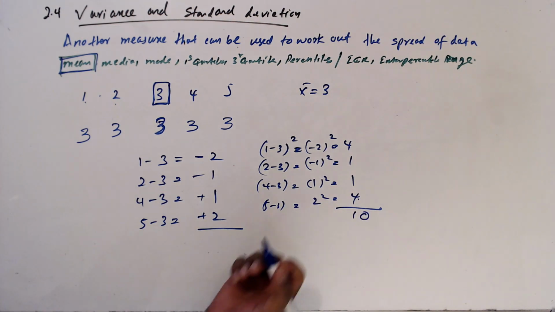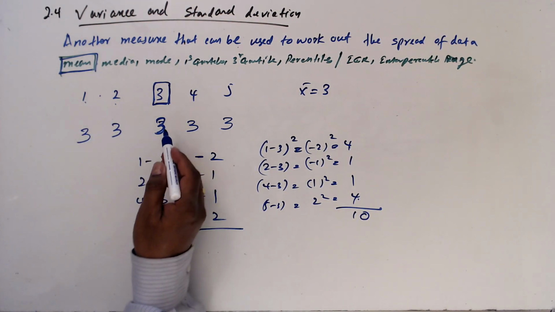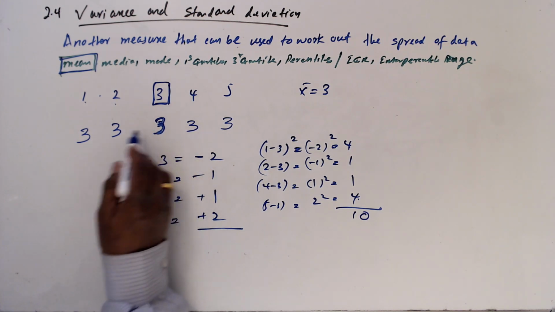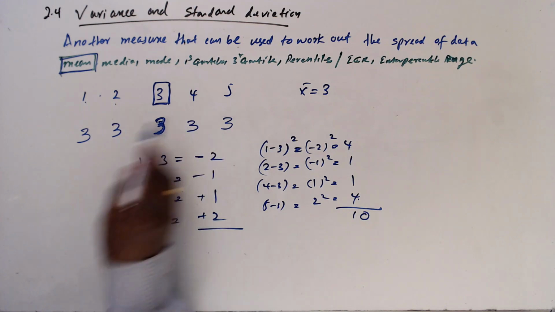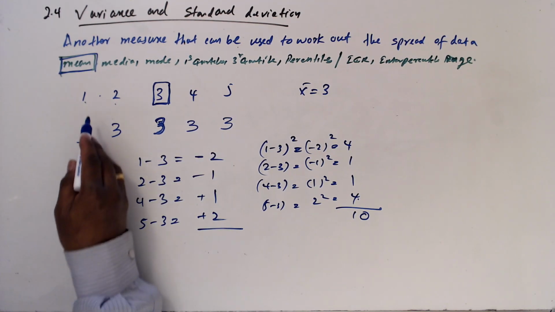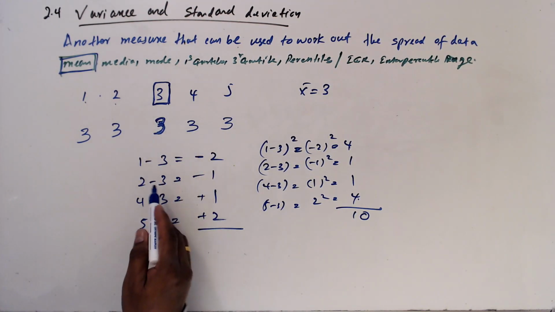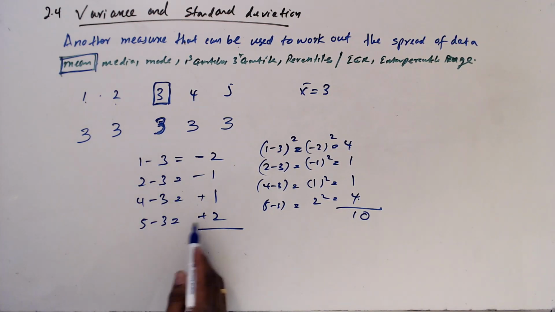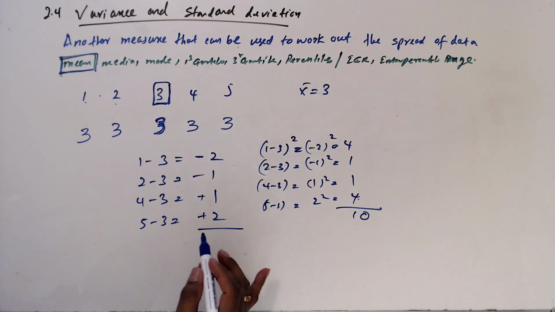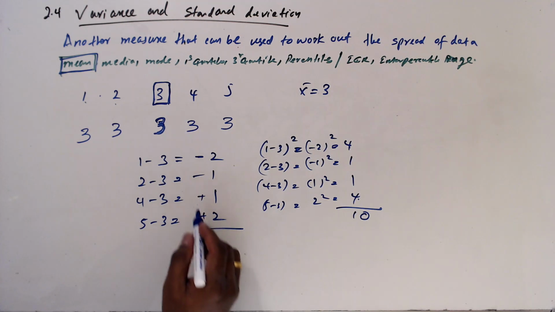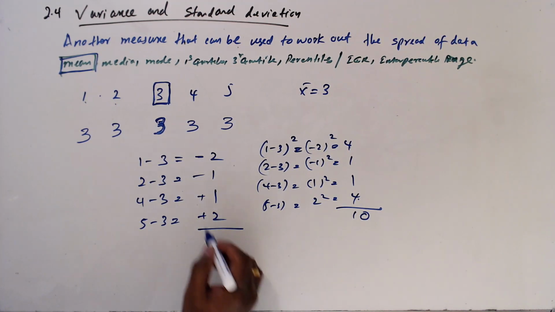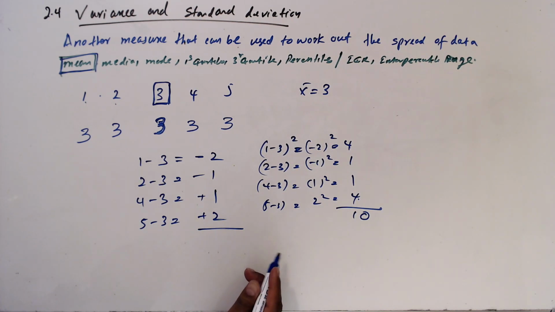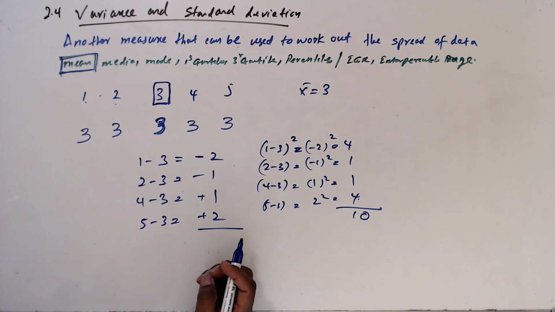If I summarize again, we need to find how far the other values are from the mean 3, because 3 is the one going to represent all the other persons. When we try to find this, we have an issue that minus signs appear, and when we add, they cancel out with the pluses, and we can't get the total difference.